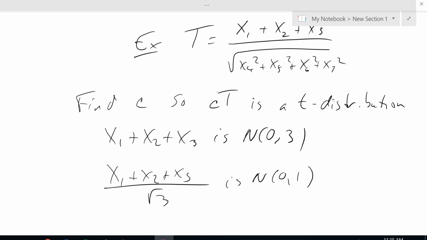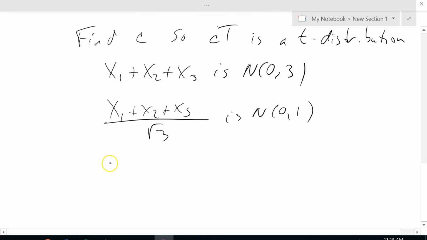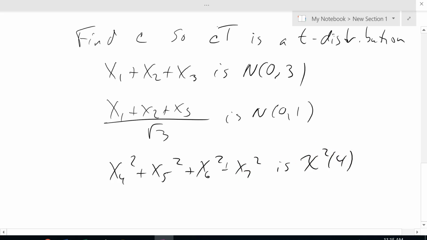And then we have to divide that by the 4, in this case, the degrees of freedom for the chi-squared, right? So we look at this, we know that x4 squared plus x5 squared plus x6 squared plus x7 squared is chi-square of 4, right? We agree? Okay.